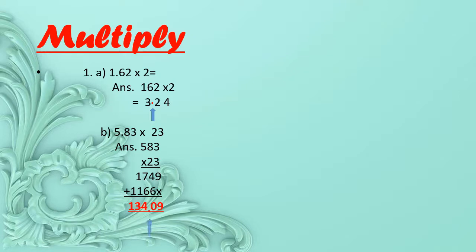So our answer will be 134.09. So like this, we have to multiply decimal fractions by a whole number.